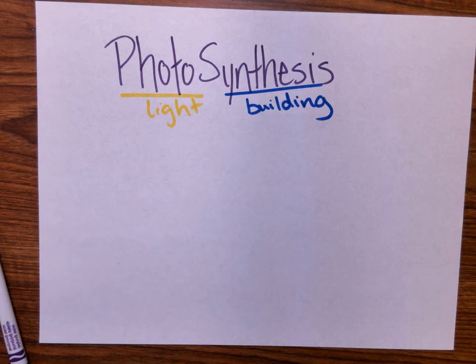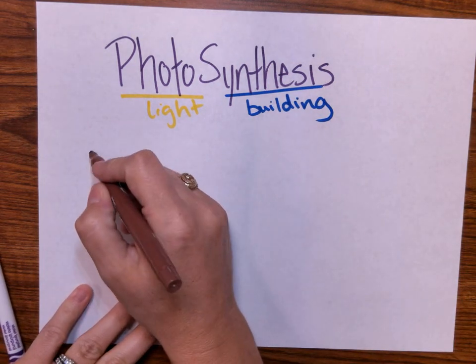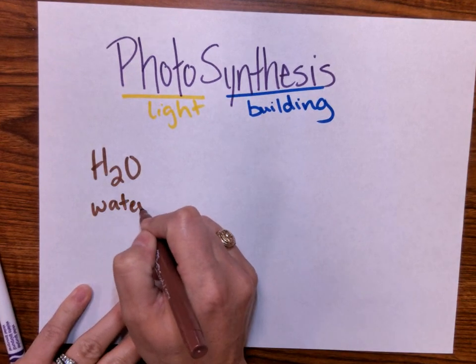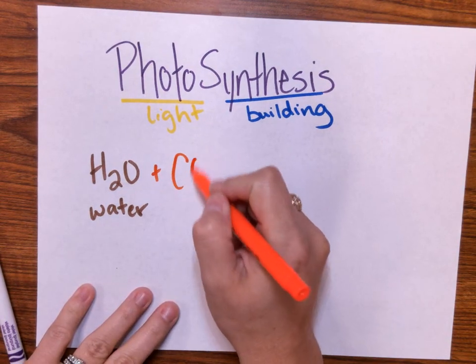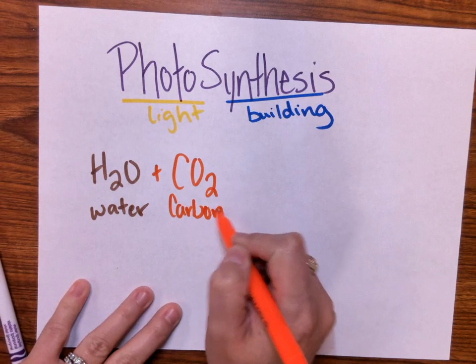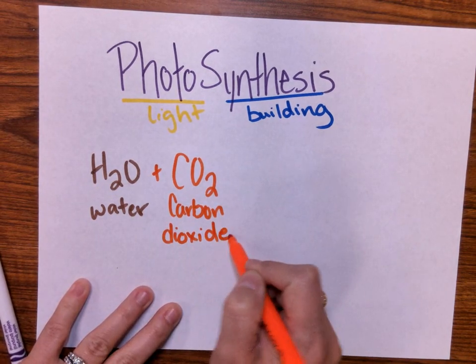So if we look at that in terms of a formula, we have water, which we can say is H2O, and we have carbon dioxide. So if you remember, carbon dioxide is what we breathe out. So it's something that we do not need, but the plants use it.